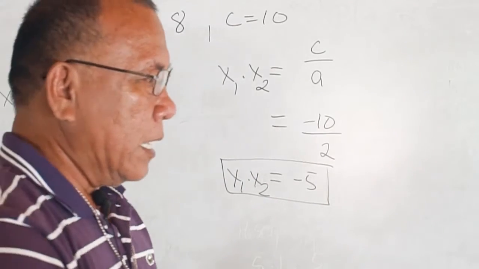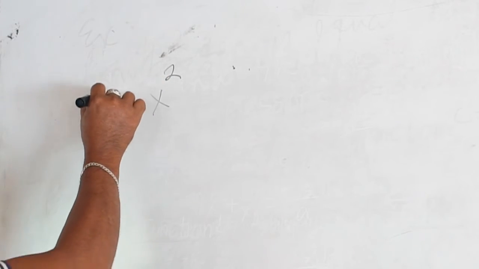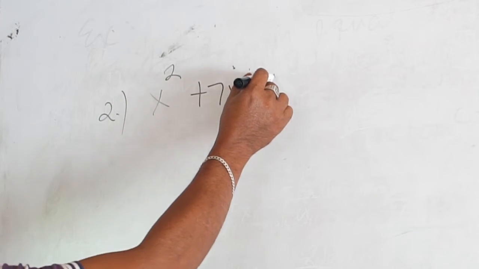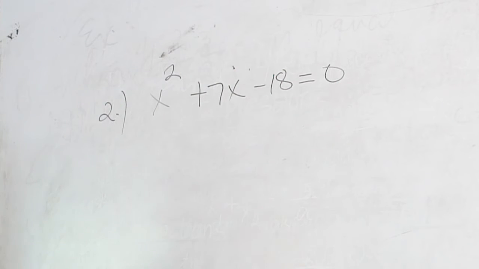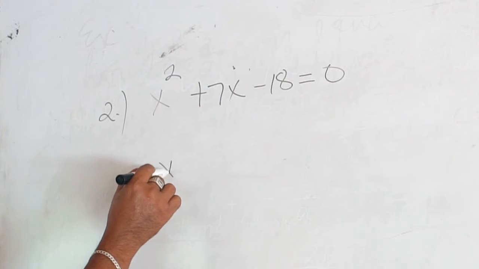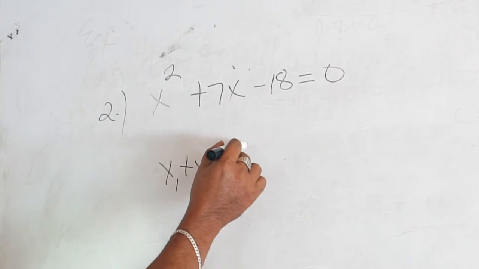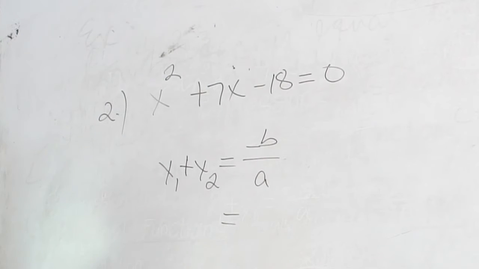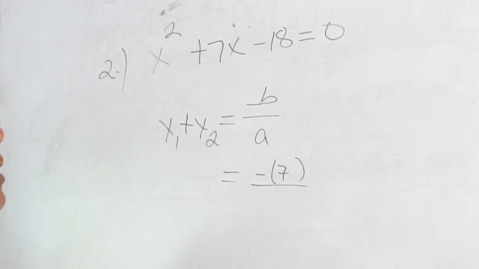For example number 2, we have x squared plus 7x minus 18 is equal to 0. So let us now find the sum. We have x sub 1 plus x sub 2 is equal to negative b over a. Then substitute: the value of b is positive 7 and the value of a is 1.